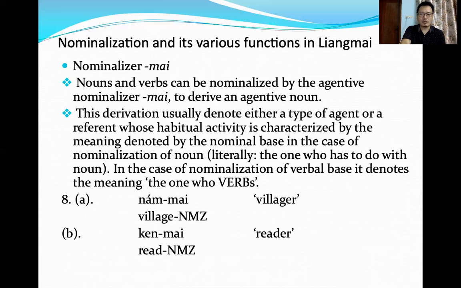In the case of a verbal base, it denotes the one who verbs. So we have the noun num plus nominalizer mi, and it means villager. And we have can, which is a verb meaning read, plus the nominalizer, and we have a new lexical item, which is reader.